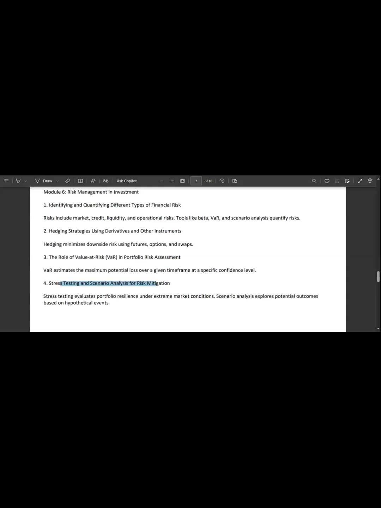For example, you can imagine or hypothesize that in the stock market there is a 10% drop in the stock market prices, and let's say even the interest rates increase by 10%, then how will that affect your asset and liability holdings and generally your portfolio?